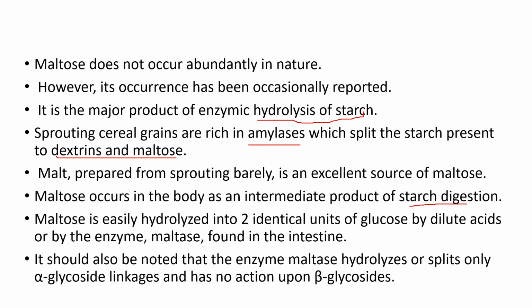Maltose is easily hydrolyzed into two identical units of glucose by dilute acid or by the enzyme maltase found in the intestine. So students, it should easily be hydrolyzed into two identical subunits of glucose in the presence of acids or the enzyme maltase.